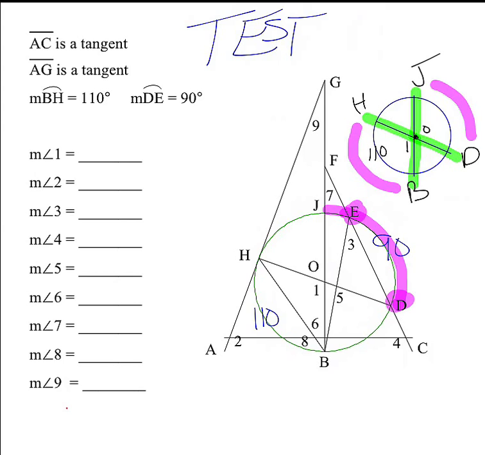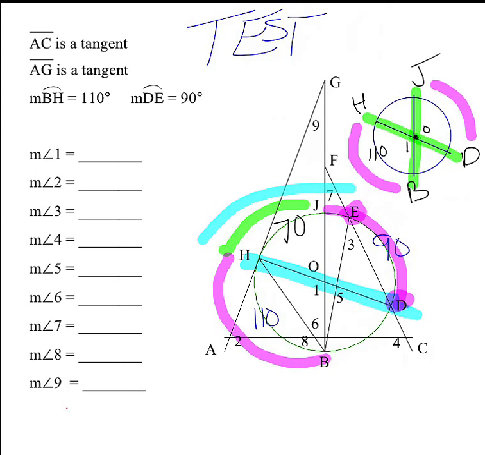So I noticed that from B to H is 110, but if JB is a diameter, that means all of this is 180. That leaves me 70 degrees left over for arc JH. And I also noticed that HD was a diameter, which means from H all the way around to C is 180 degrees.